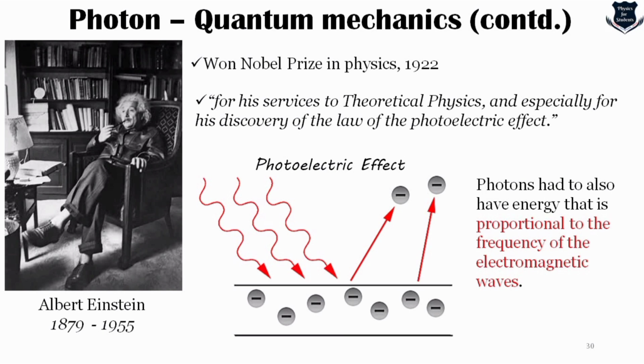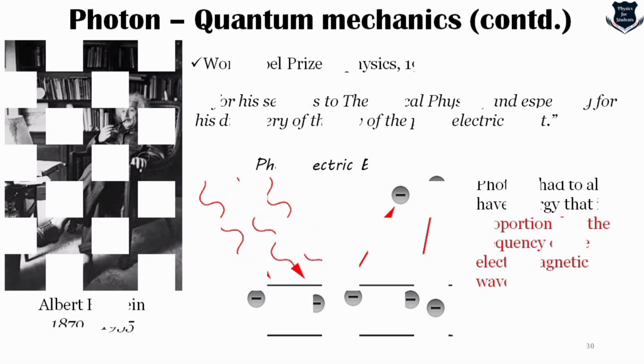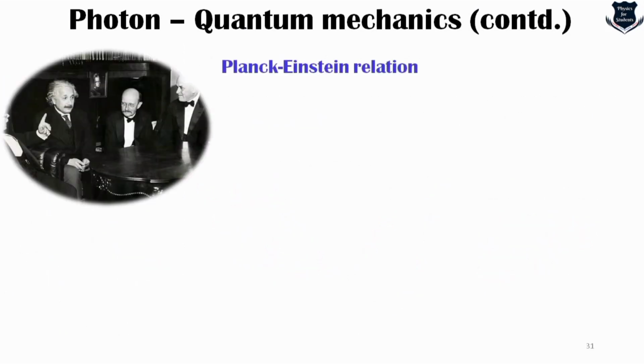Now, why am I showing you this? Because both of them are intricately related. Together, the work of both Max Planck and Albert Einstein can be expressed in one methodical equation, which is known as the Planck-Einstein relation, E equals hf.